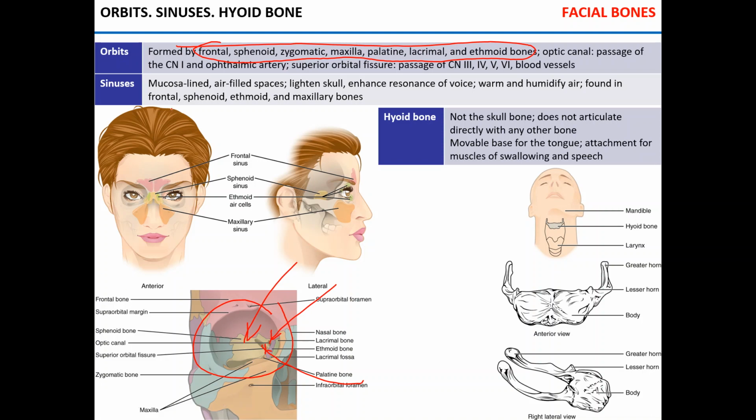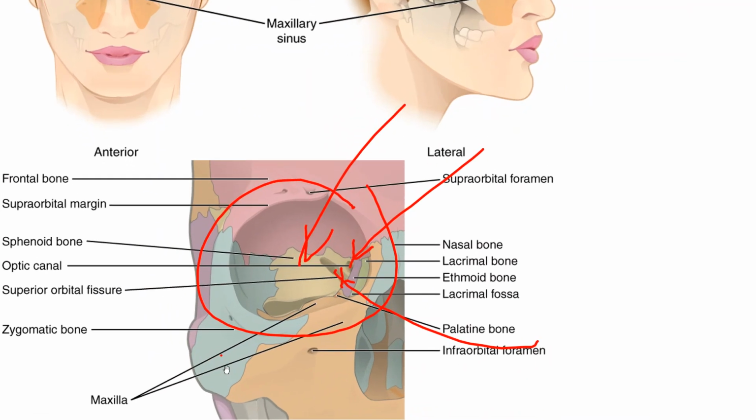I mistakenly put cranial nerve 1. It's of course cranial nerve 2. That's optic nerve and ophthalmic artery. Now we can take a closer look. So you see superior orbital fissure, optic canal right here.